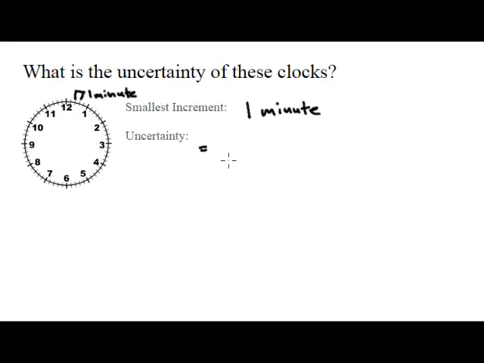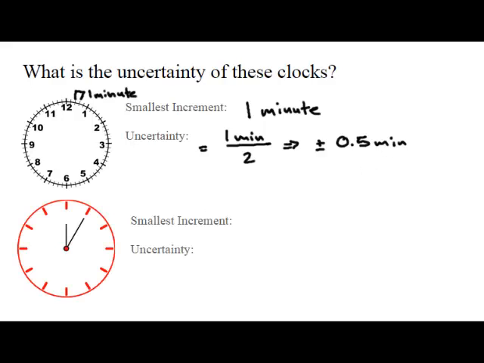In order to calculate uncertainty, I take the smallest increment, 1 minute, and divide it by 2. And I use this plus or minus to represent that it's an uncertainty, and when I do the math, I get 0.5 minutes. What about this clock, though? Can you figure out the smallest increment of this clock?